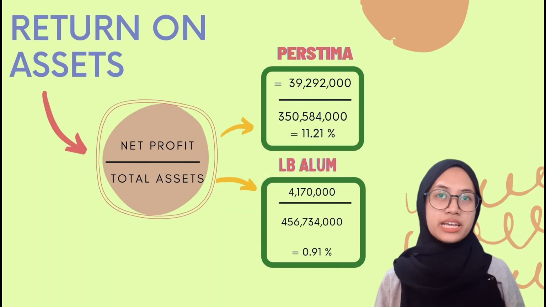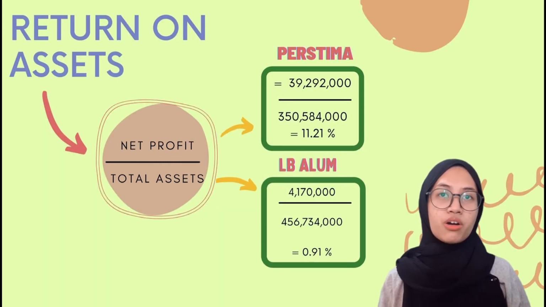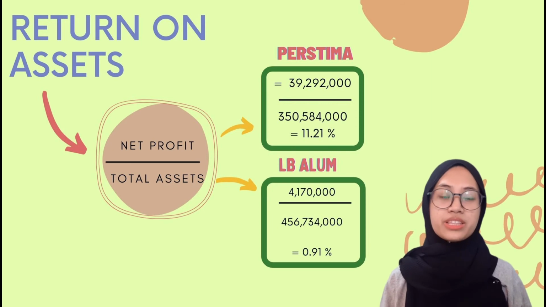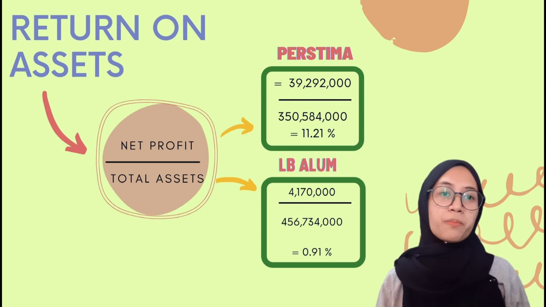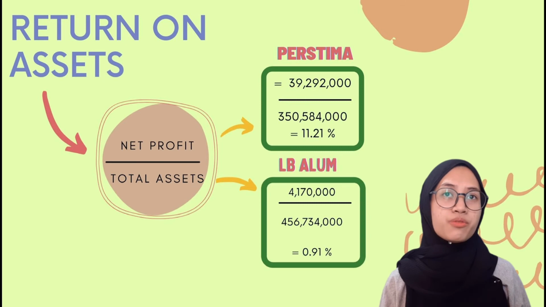Next, I will calculate return on asset. The formula of return on asset is net profit divided by total asset. For Perstima Berhad, the net profit is 39,292,000 divided by 350,584,000, and we will get 11.21%.